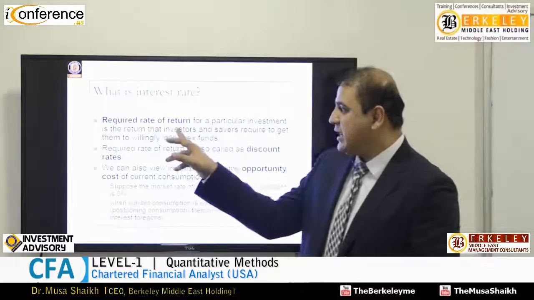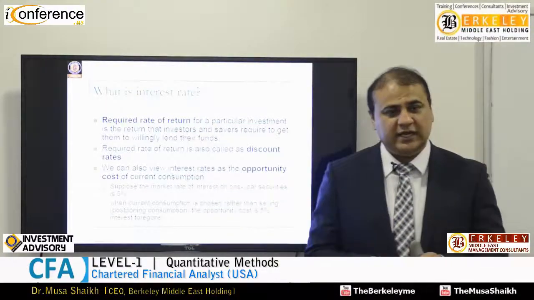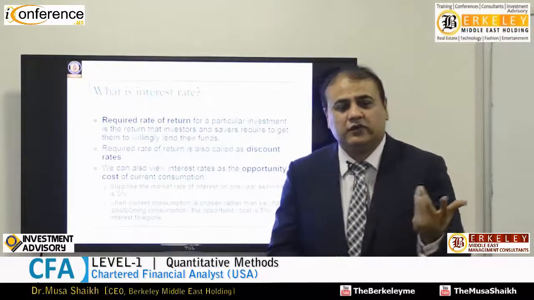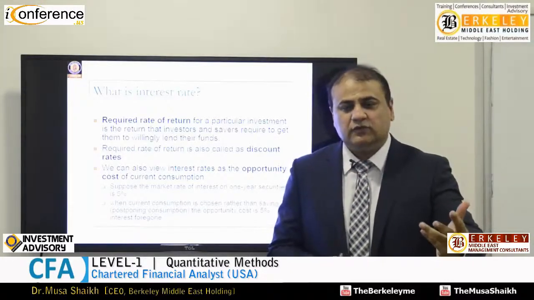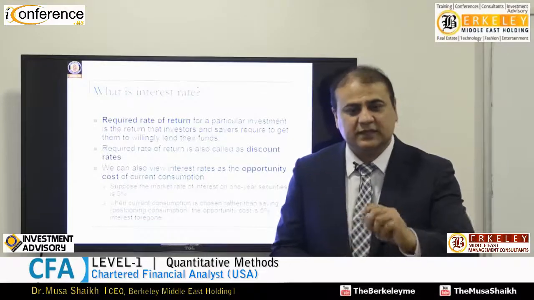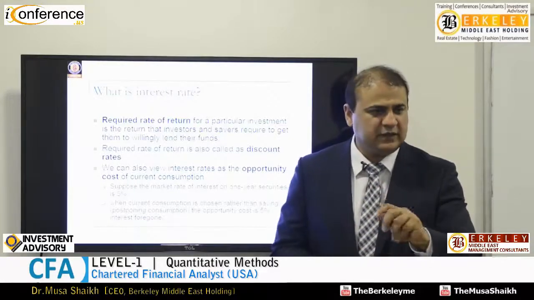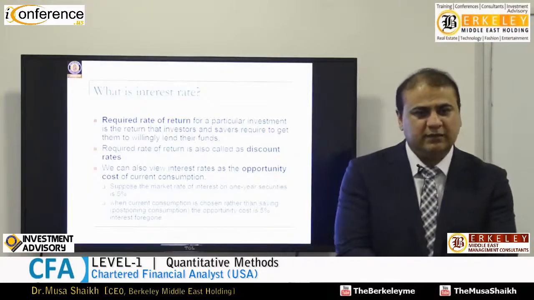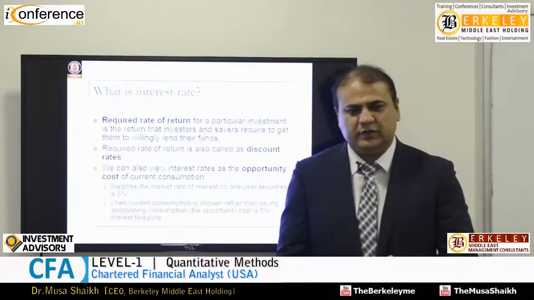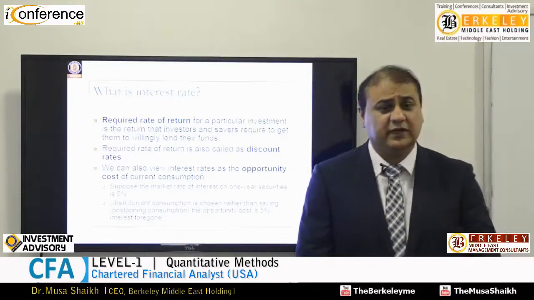So he says required rate of return is a rate which an investor is looking for. Means you are an investor, you went to a bank, says 3%, right? 2.5% is prevalent rate. If I give my money to any bank, they will give me a fixed 1 year 2.5%, that is pretty low.